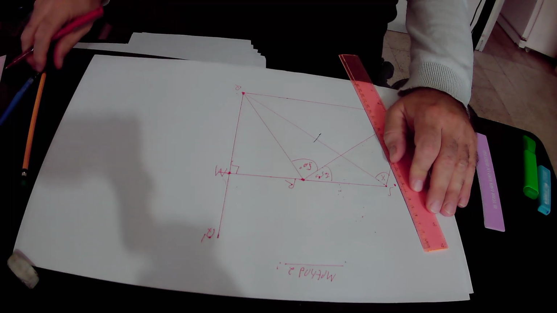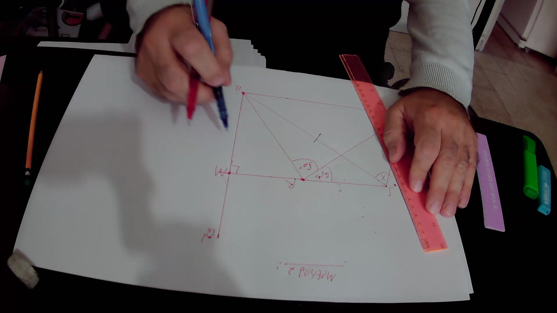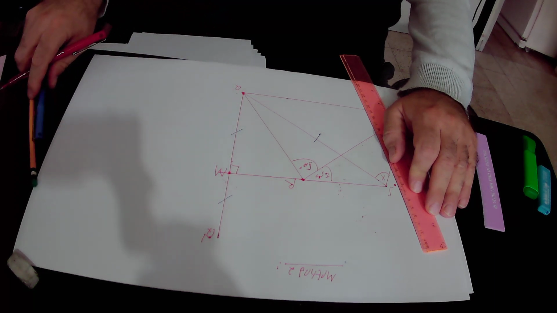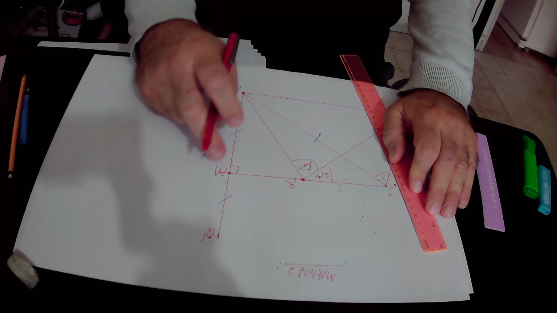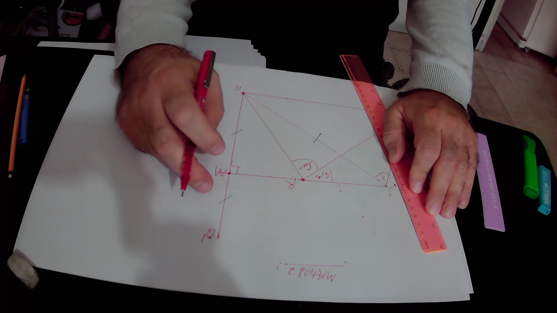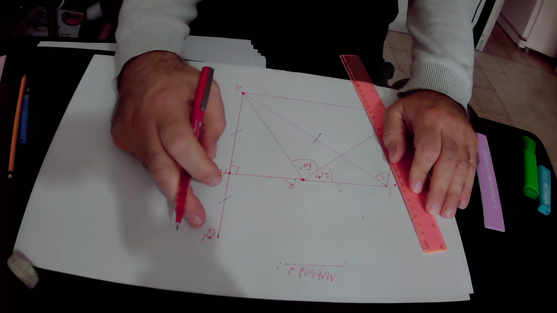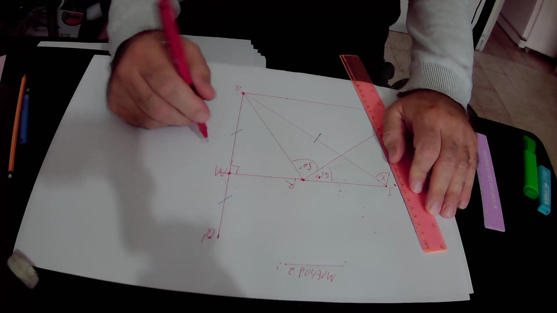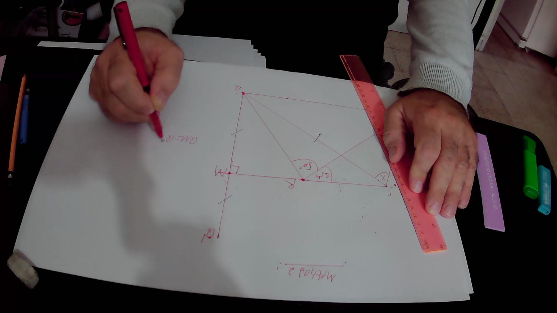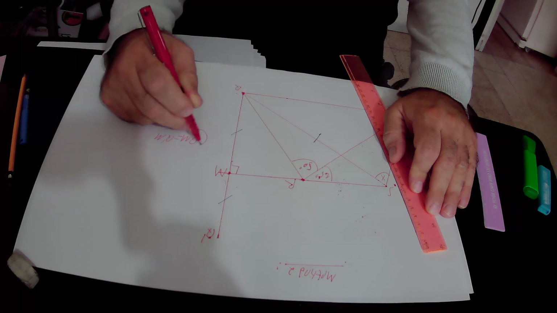Again, Q dash M equals QM according to our construction. Why? Because we extended QM until Q dash M equals QM. So we can write here that QM equals Q dash M according to our construction.